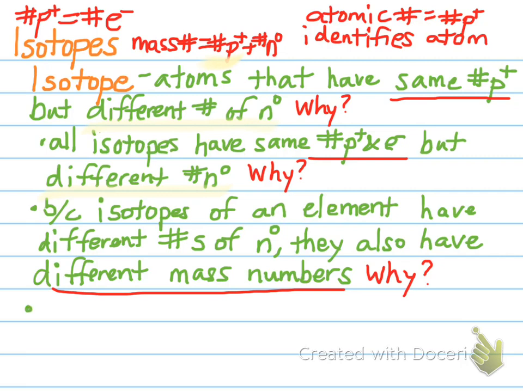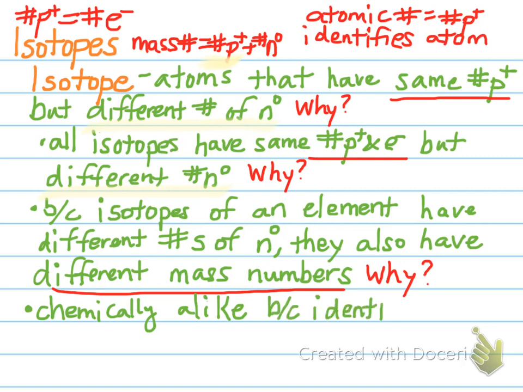Isotopes are fairly important to chemists because they are chemically alike, meaning that they react in chemical reactions the same way. And that's because they have identical numbers of protons and electrons.